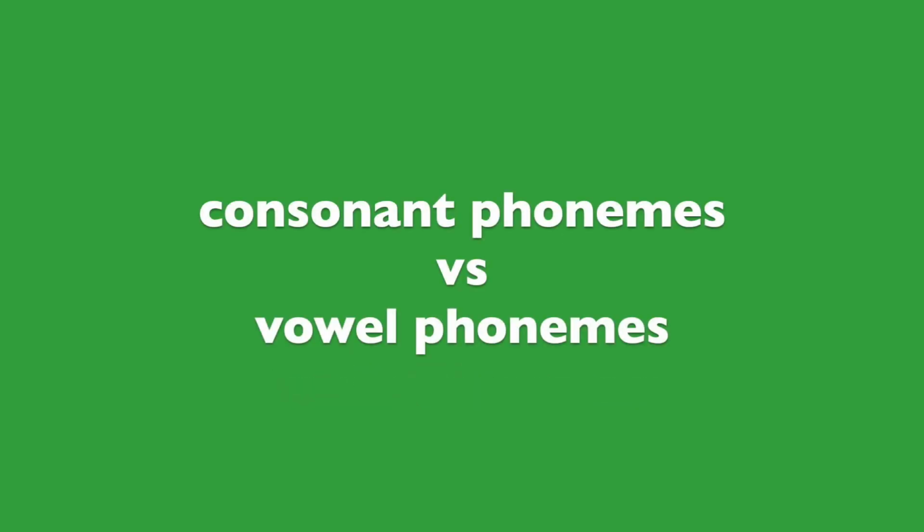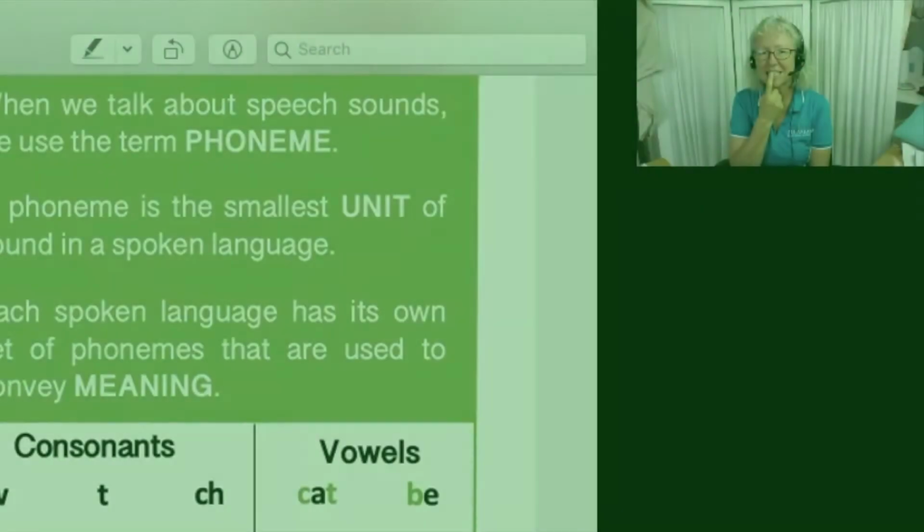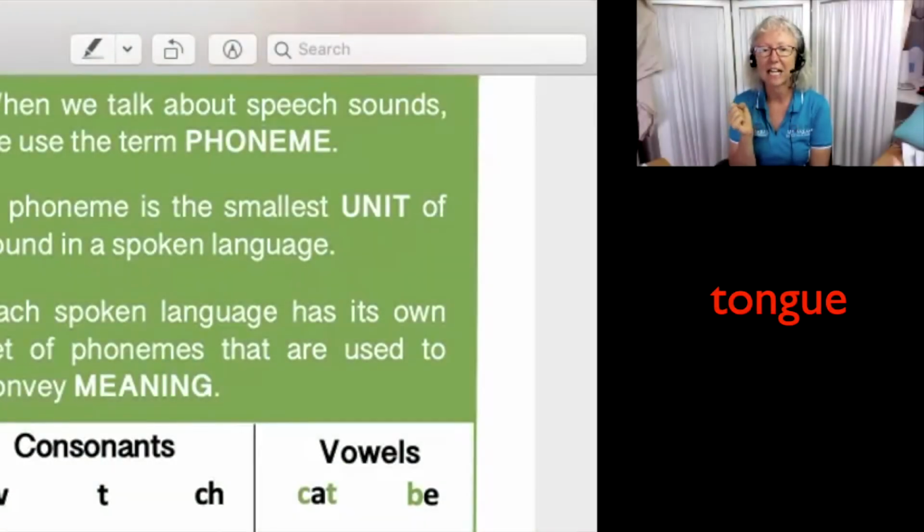So we also covered this on the video. So just to summarize, it's the idea that for consonants, something interrupts the flow of air, the articulators, the tongue, the teeth, and the lips. They move in precise ways to affect that air coming out.